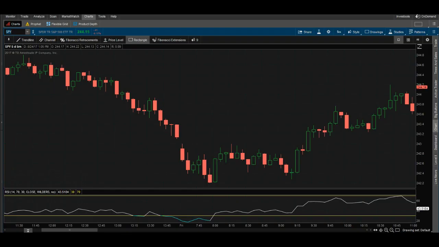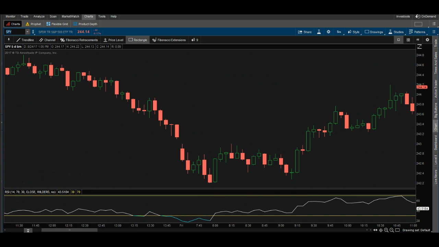Okay, so here we are. We're looking at a SPY 5-minute chart. Just so you understand, on 5, 10, 15, 20-minute charts, this will work. On daily charts, it's still going to be the same, but on dailies you have to look at the bigger picture.